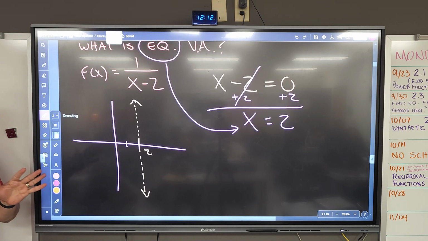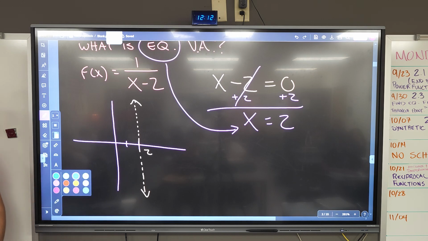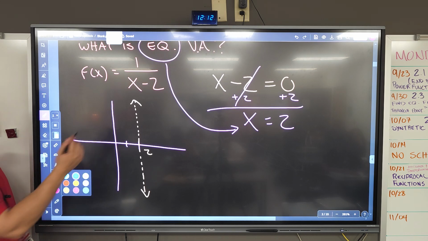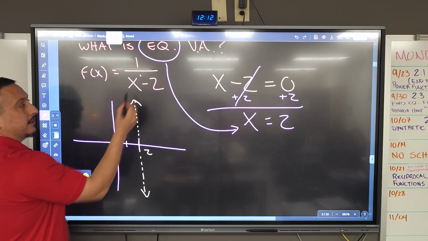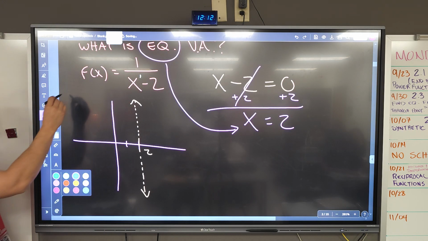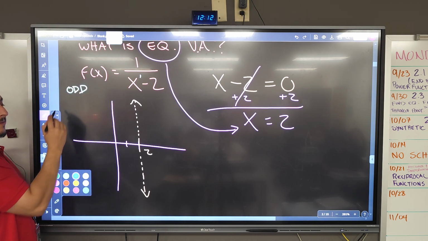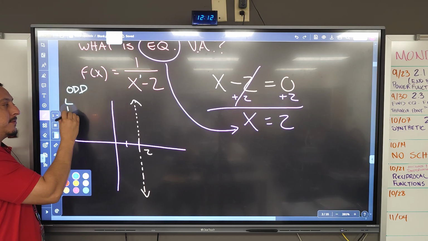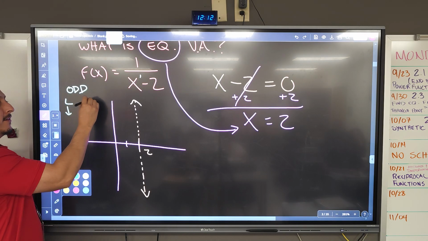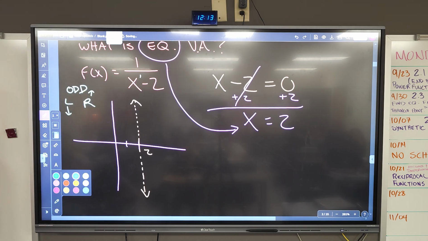Now we're going to practice our graphing. The odd or even function. It's the power. What power is on the x? 1. 1 is odd. Odd means left arm is going to point down, right arm is going to point up. So instead of saying the S shape, that's really okay.